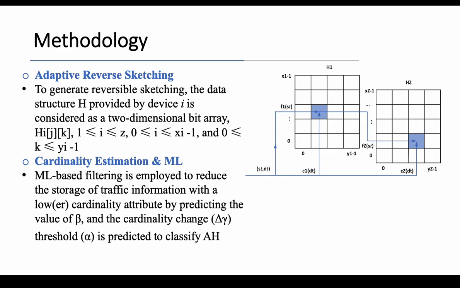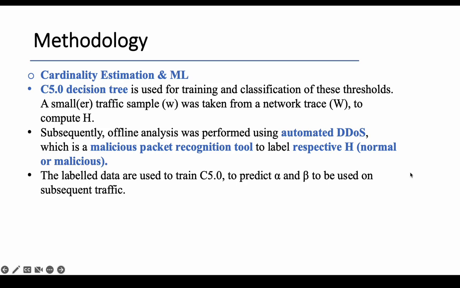So ML-based filtering is employed to reduce the storage of traffic information with a lower cardinality attribute by predicting the value of beta and the cardinality change delta gamma threshold alpha, which is predicted to classify the abnormal host. Afterwards, we use a C5 decision tree for training and classification of these thresholds.